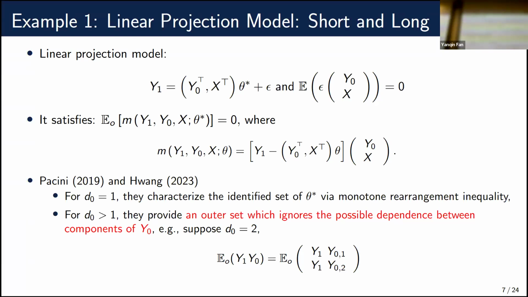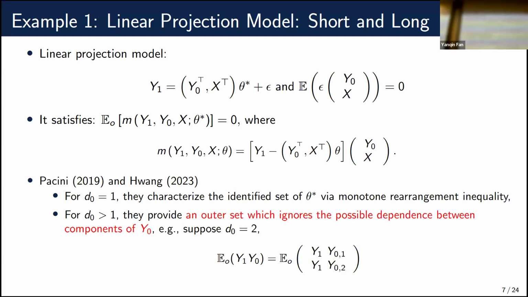But let's look at what happens when y0 is of dimension 2, let's say. Then y0 has two components, y01 and y02. Now when we look at this expectation, this becomes a vector. So existing work applies the monotone inequality to each of these two terms.